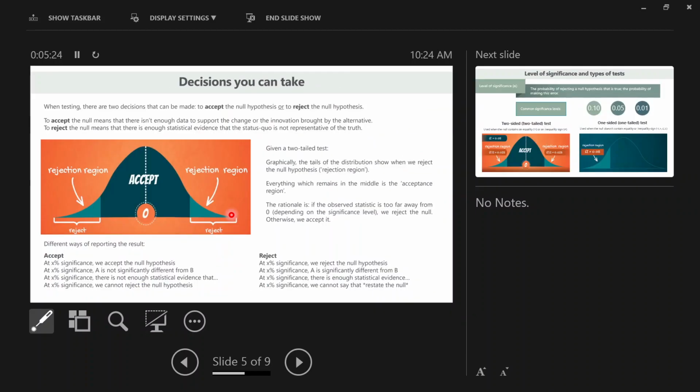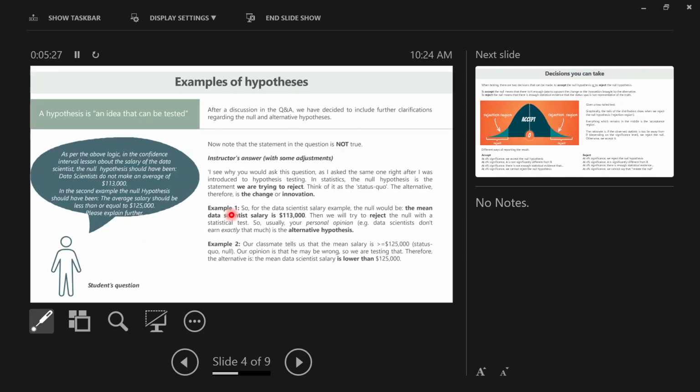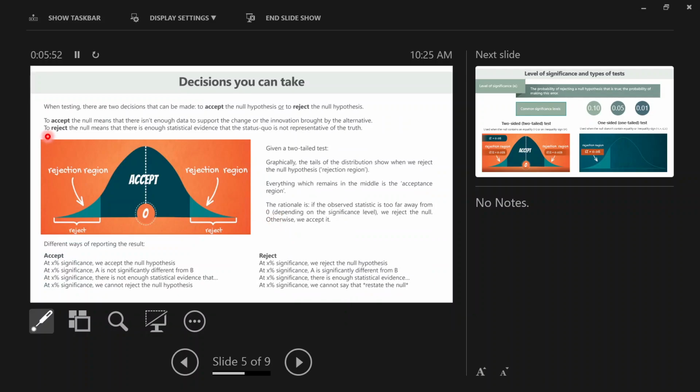So this one should come to the other side. We are saying that the mean average salary of a data scientist is 113, so the alternative now becomes not equal to. Sorry for that. I'll check and correct, and I will upload this one again. Okay, perhaps we can move on. Thank you for the observation.